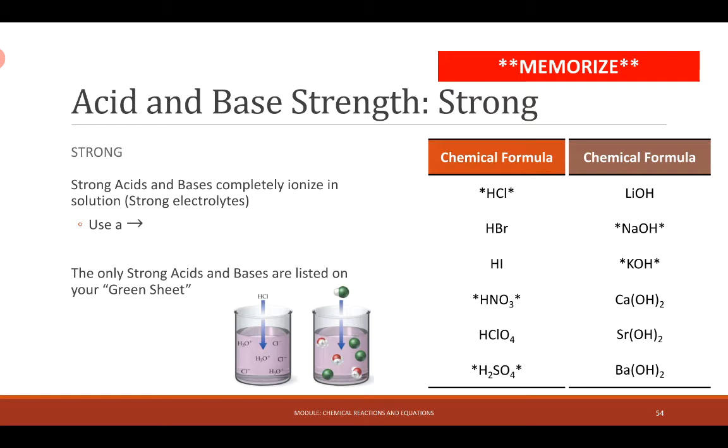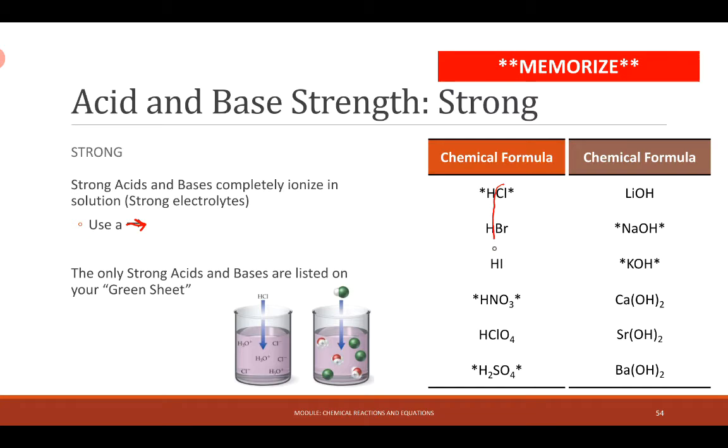We also have to remember about acid and base strength. Strong acids completely ionize in solution because they are strong electrolytes. So since they completely dissociate in solution, you should use a one-direction arrow to indicate it all went over to the product side. On your green reference sheet, there's a list of strong acids and bases. I've listed those here as well.